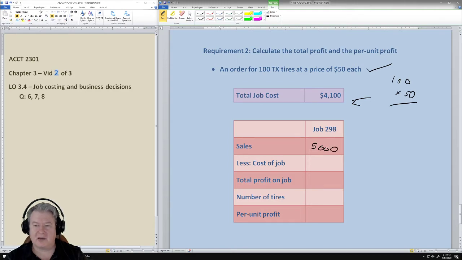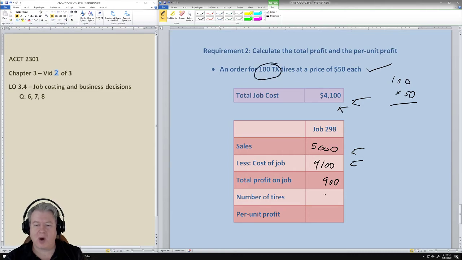Now the cost of the job, we just went through all that effort to figure out what's the cost. The cost of the job was $4,100. So you can see how this is going to be used in a lot of different environments. Don't you really want to know how much did I sell it for? How much did it cost me? Well, here's our profit. And this would be the total dollar profit, and we sold 100 tires.